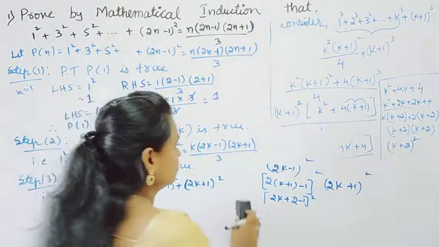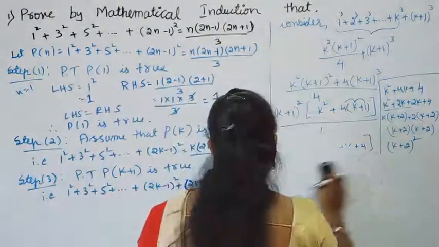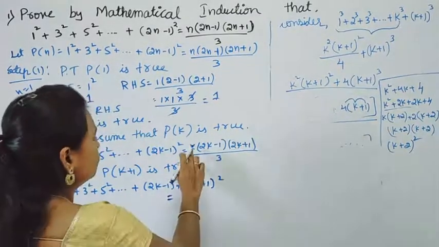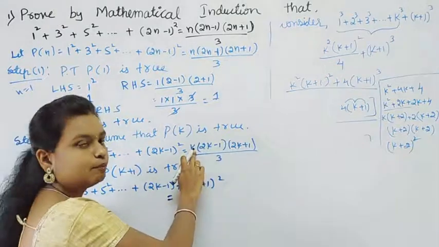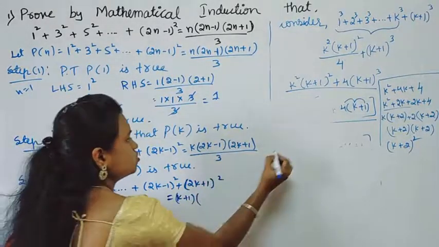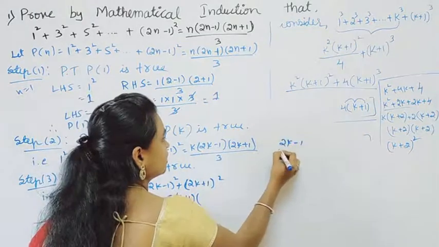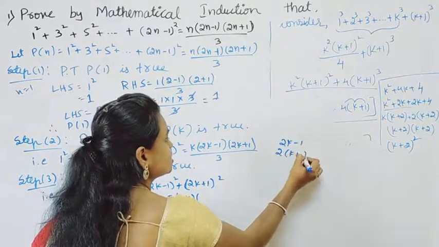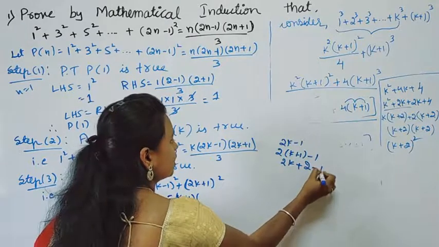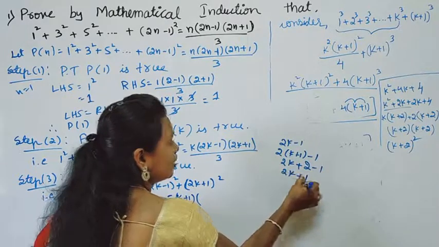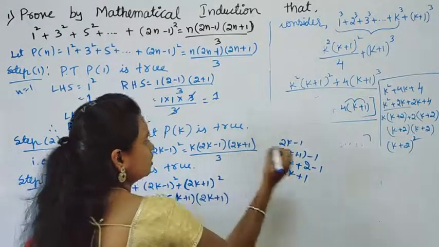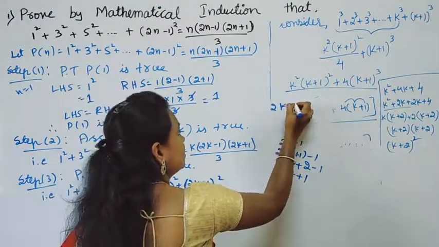Next, the RHS becomes, put here k is equal to k plus 1. So (k plus 1) into, so 2k minus 1 means 2 into (k plus 1) minus 1, 2 into k is 2k plus 2 ones are 2, minus 1. So it becomes 2k plus 1. So the next factor is 2k plus 1.